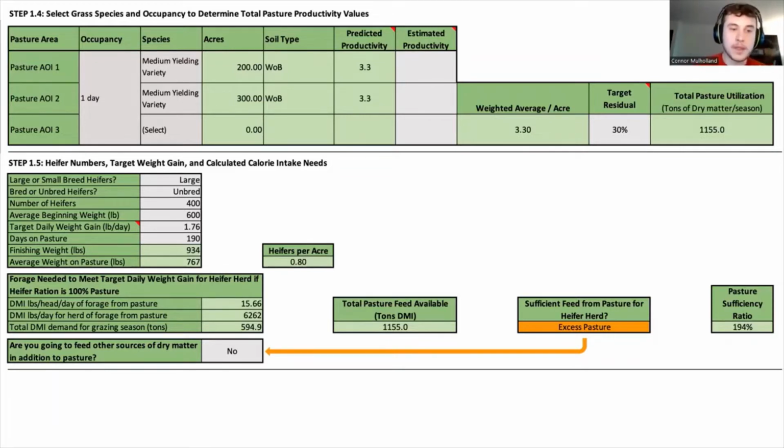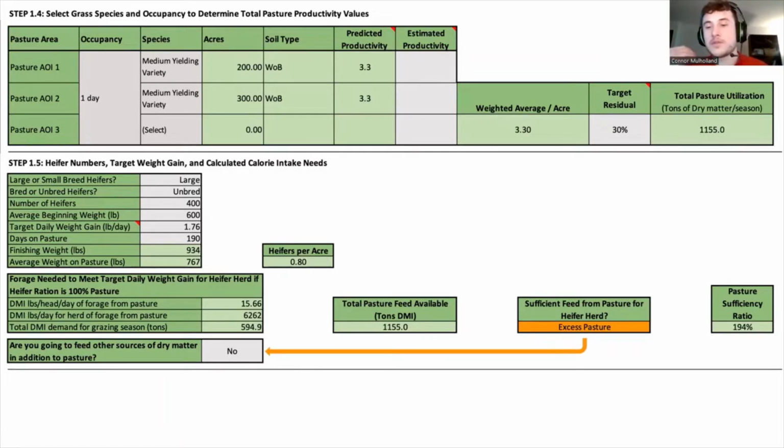Then we can calculate how much dry matter will be demanded per head per day, and then for the grazing season for the entire heifer herd. That number, in this case, was about 600 tons of dry matter, then compared to the 1,155 tons of pasture feed available. In this case, obviously 1,155 is much bigger than 600.